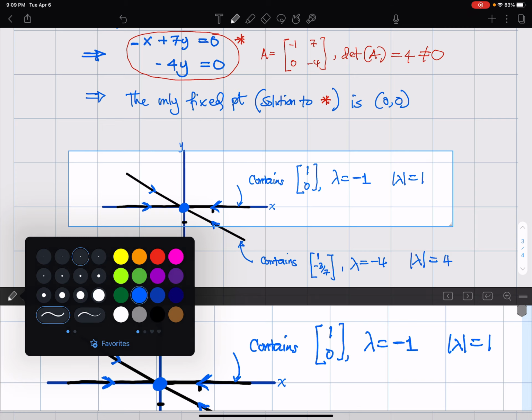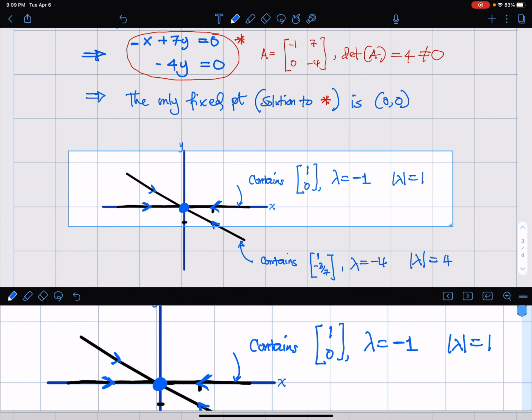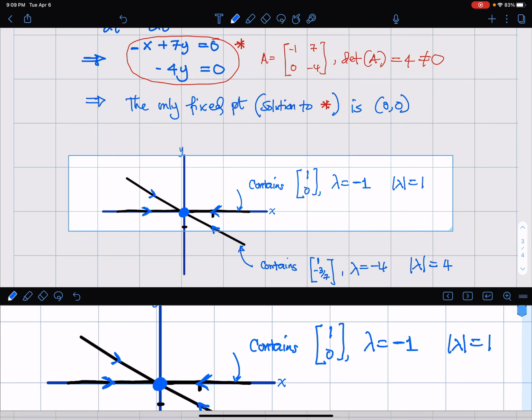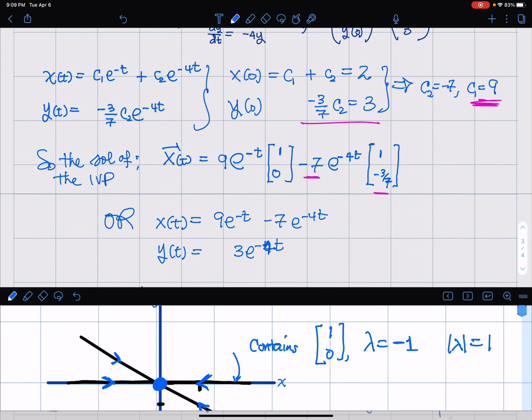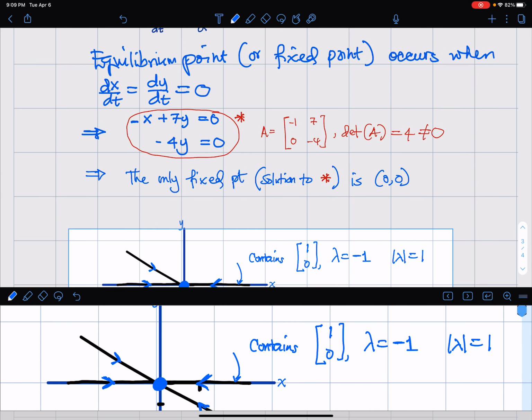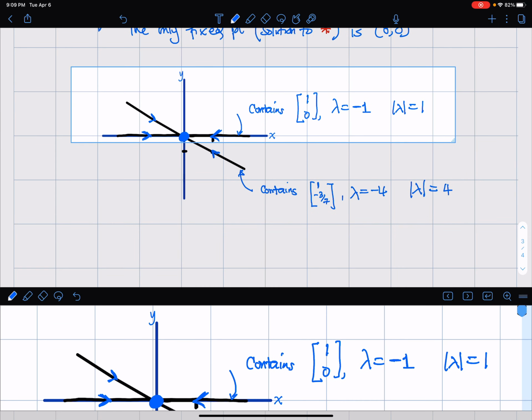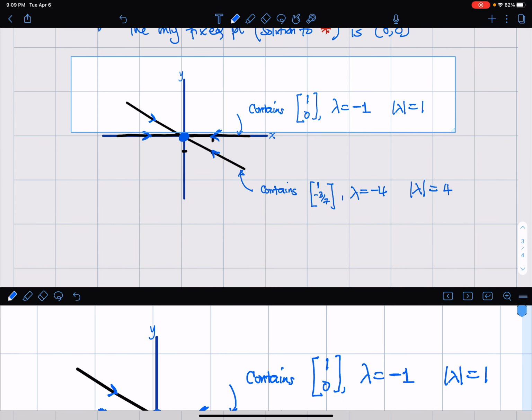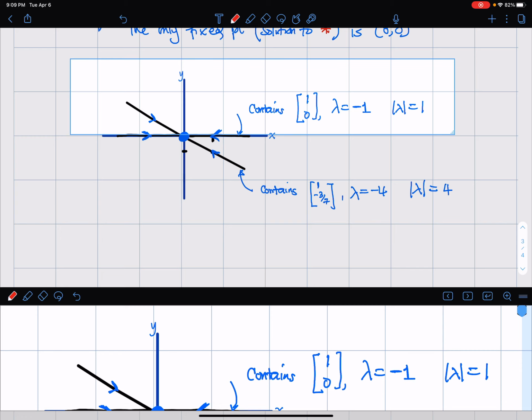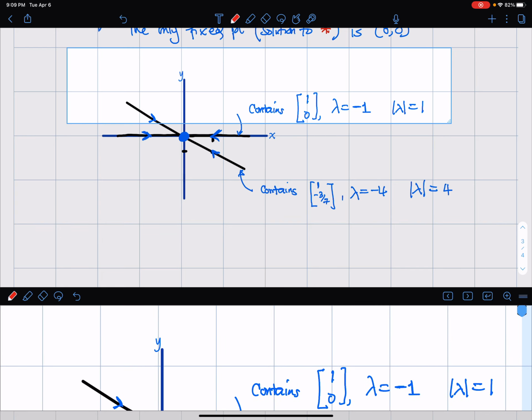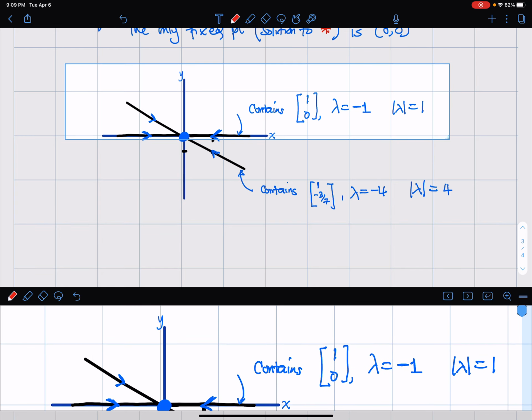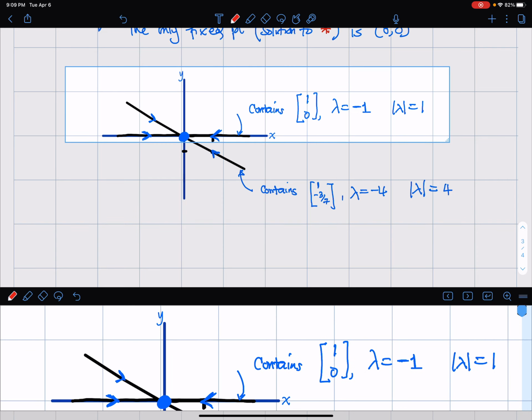Now, if you are a trajectory, let's think of a trajectory that starts somewhere, say our initial condition is x is 2 and y is 3. Well, we may not have 2, 3, but let's get another initial condition, something over here.